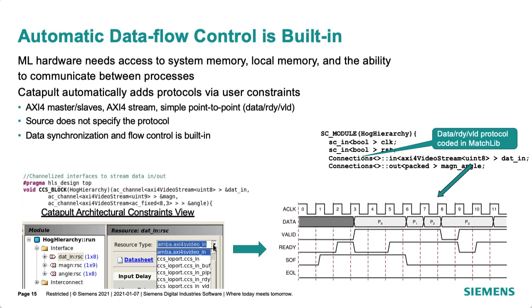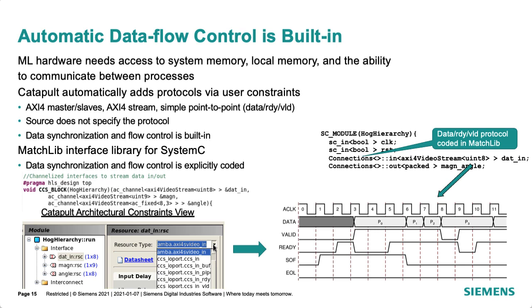These protocols can be complex, such as AXI master or slaves, AXI streams, or simple point-to-point protocols using a data ready-valid signaling mechanism. For untimed C, the source does not specify the protocol. The data synchronization and flow control is built into the interface, allowing interfaces to start and stop the design as data becomes available. With MatchLib, the data synchronization and flow control is explicitly coded in the library description.